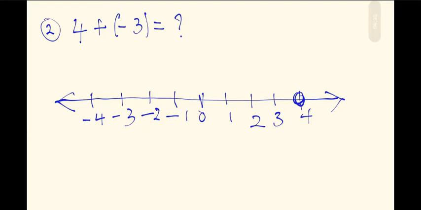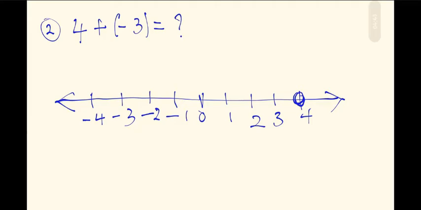This 4 plus -3, you can solve this in two ways. This is the same as adding 4 to -3 or subtracting 3 from 4.